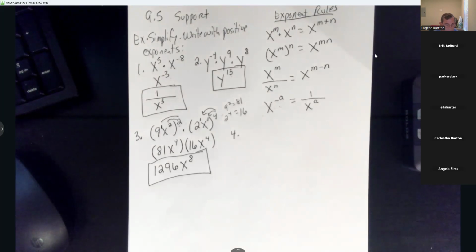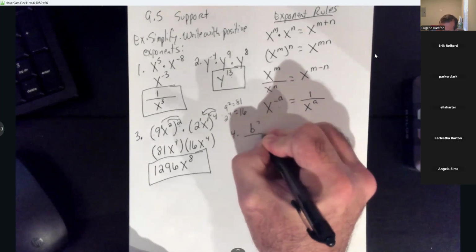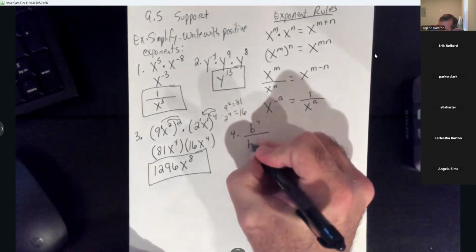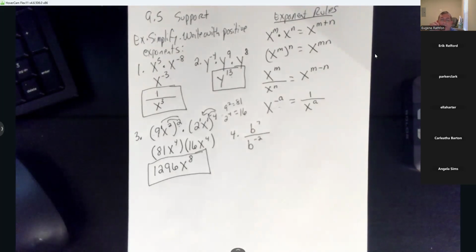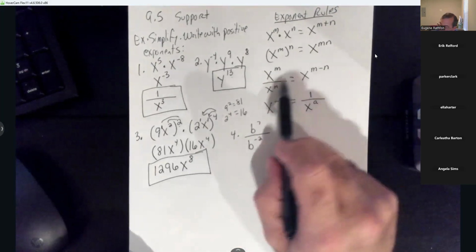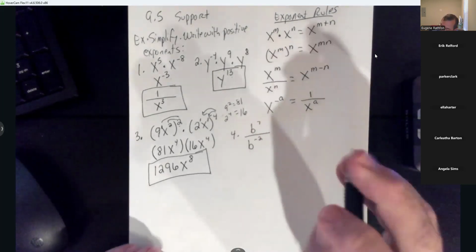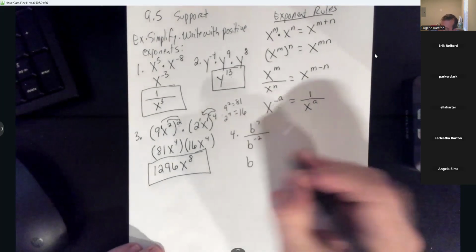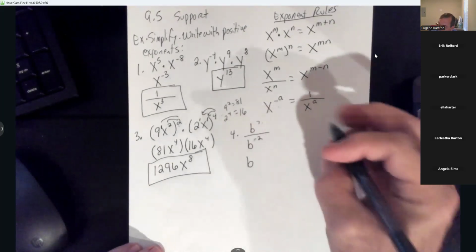All right, y'all, let's see what y'all do here. How about this? B to the seventh over B to the negative 2. So you got this quotient rule going on here. So my question is, what is 7 minus negative 2 equal?